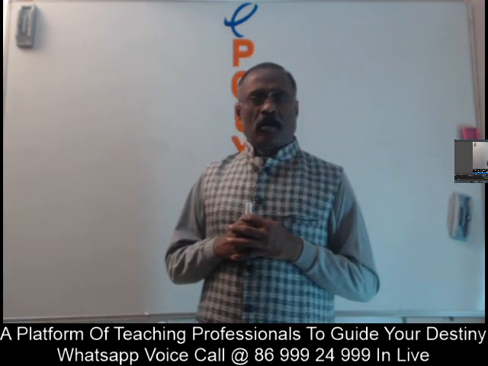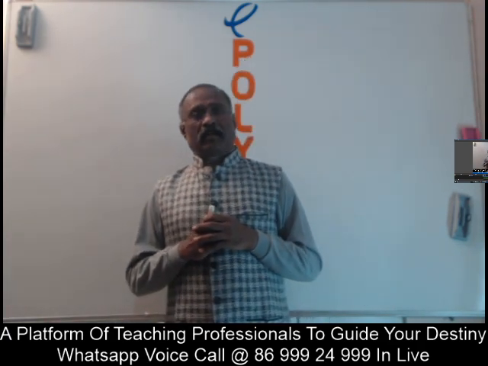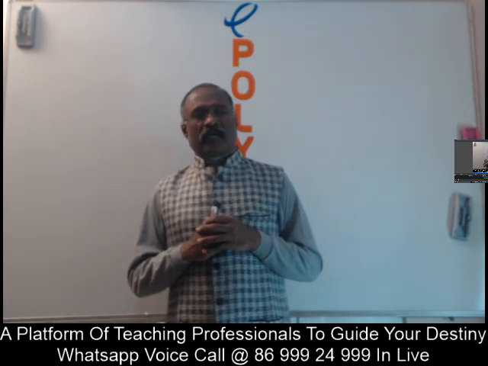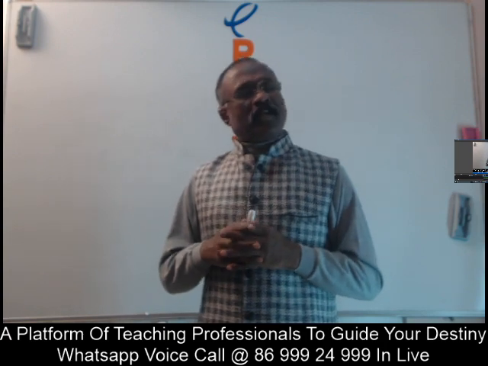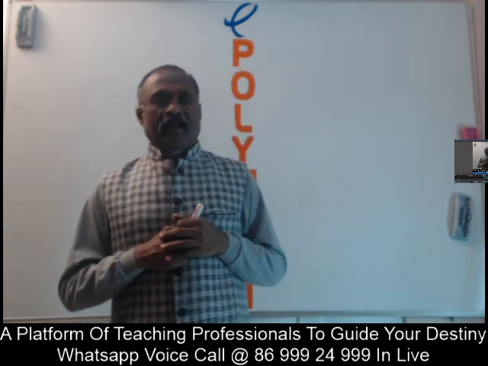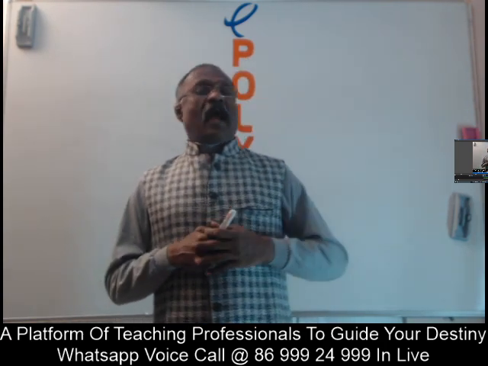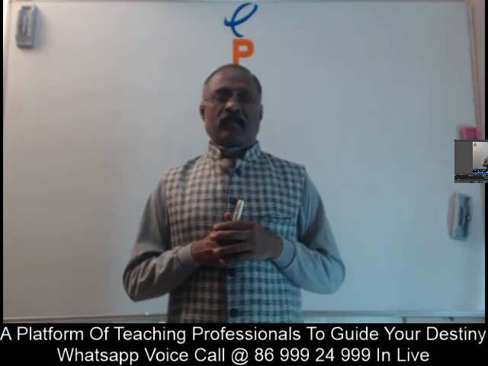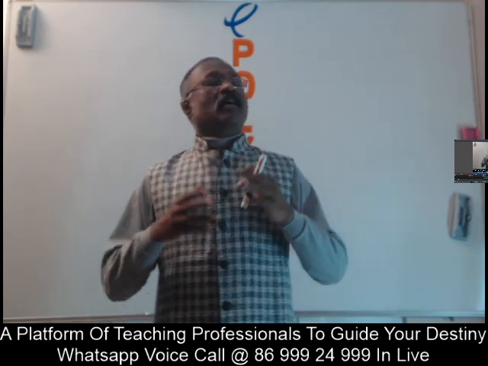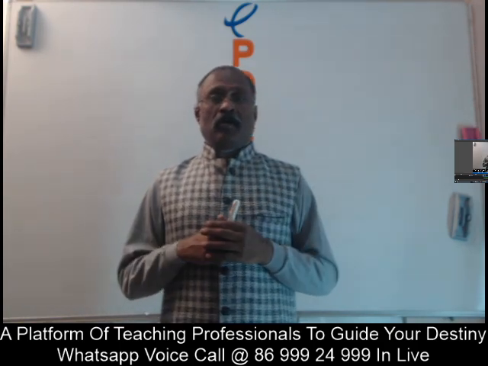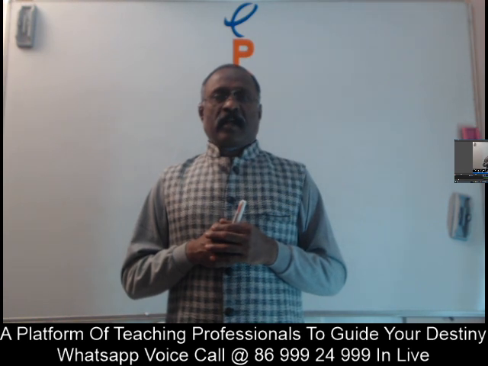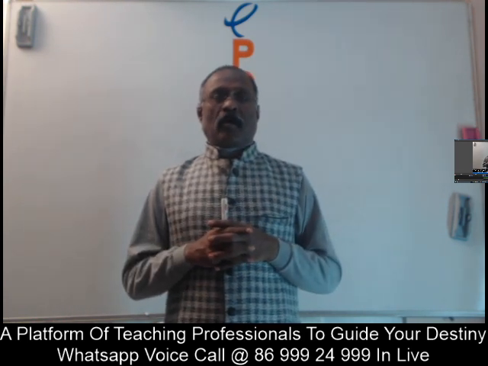In tangents and normals, you might remember in calculus, applications of derivatives, wherever the problem is there in tangents and normals, you will have to find dy by dx at a particular point. Dy by dx, as you all know, is the slope of the curve.